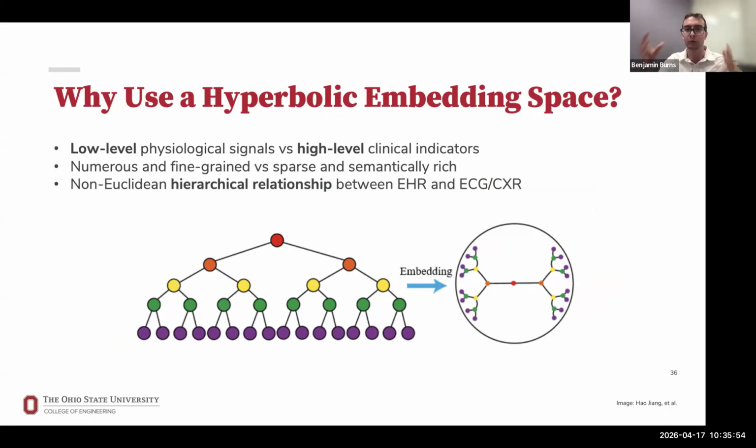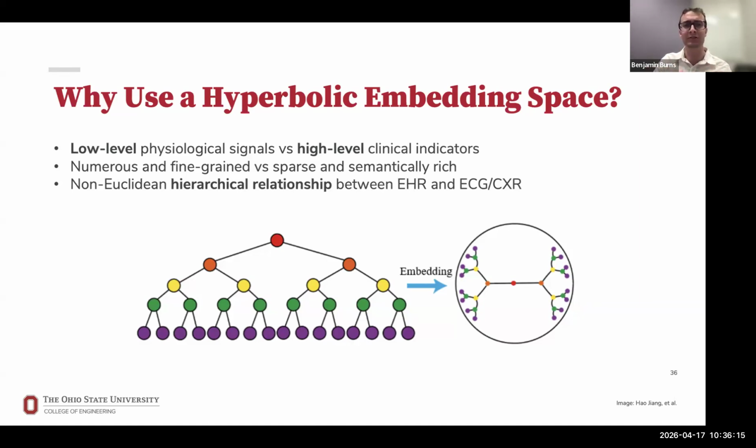But the clinical indicators, the electronic health record, is a more abstracted version of these data. And this creates an inherent hierarchical relationship between the EHR and the low-level ECG and CXR data.